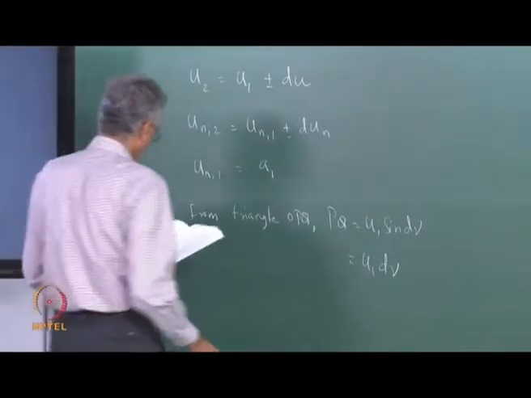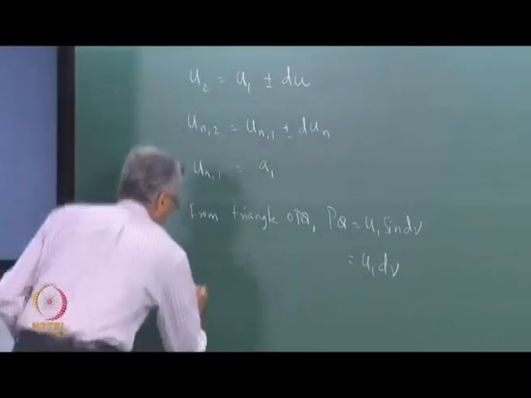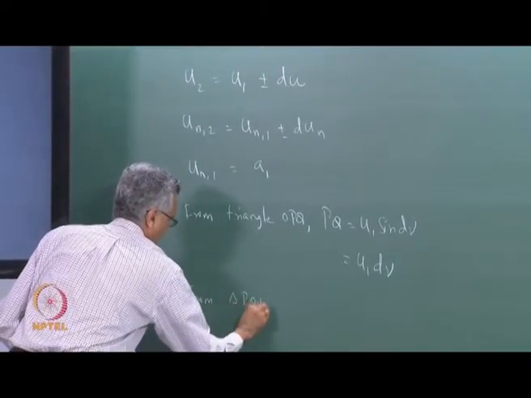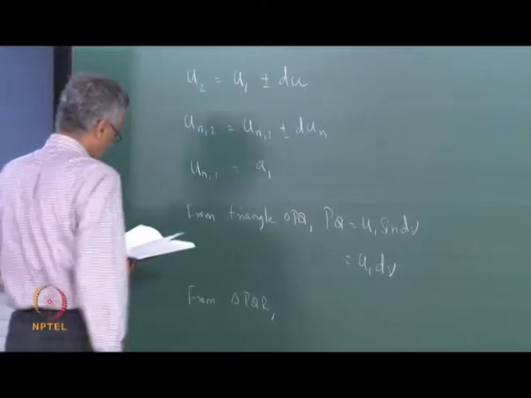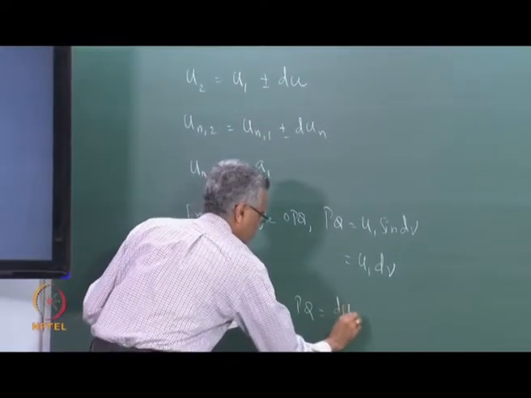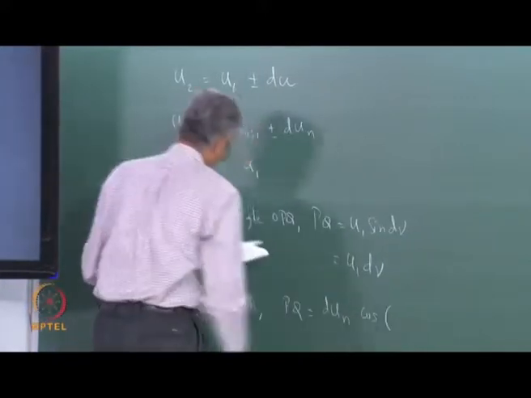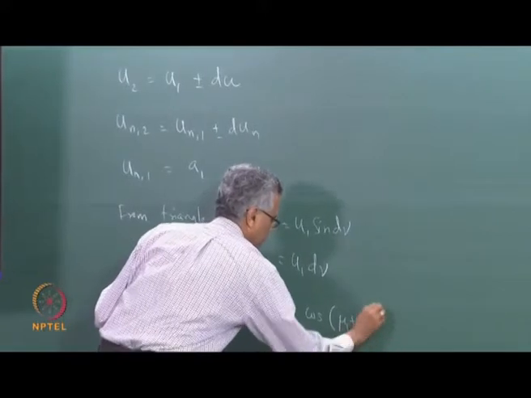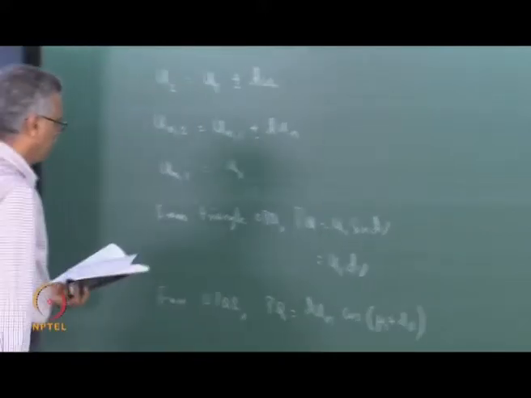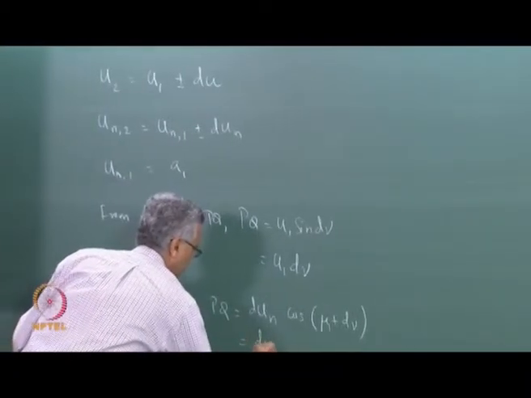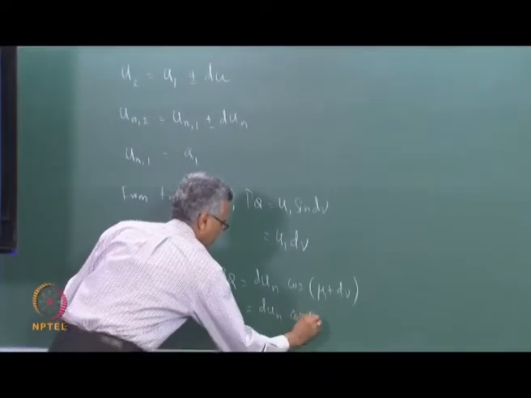And from triangle PQR, we can write PQ is equal to dun cosine of mu1 plus or minus d nu, and for small values of d nu, this can be written as dun cosine mu1.